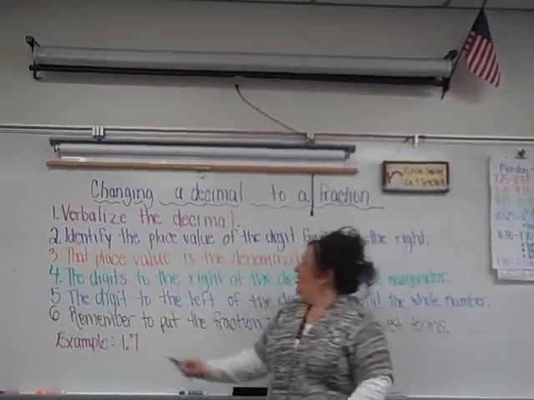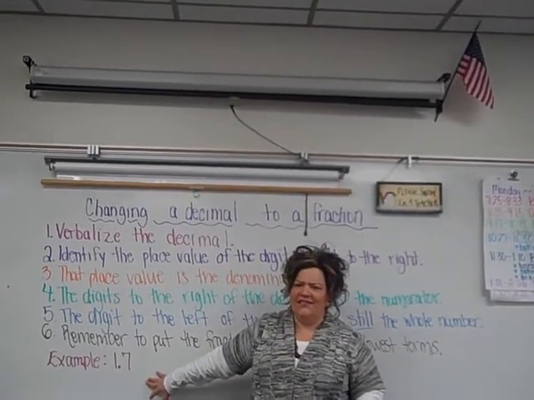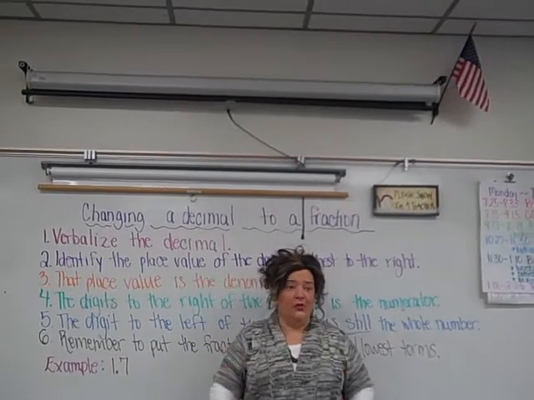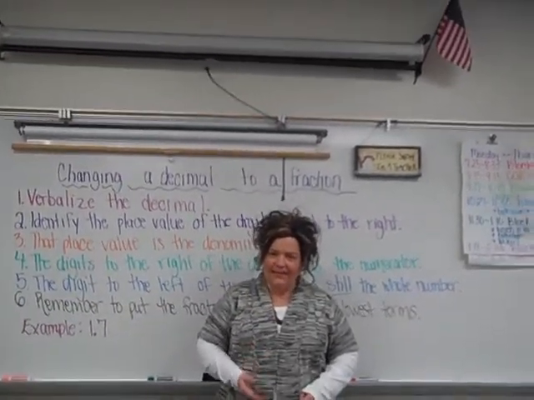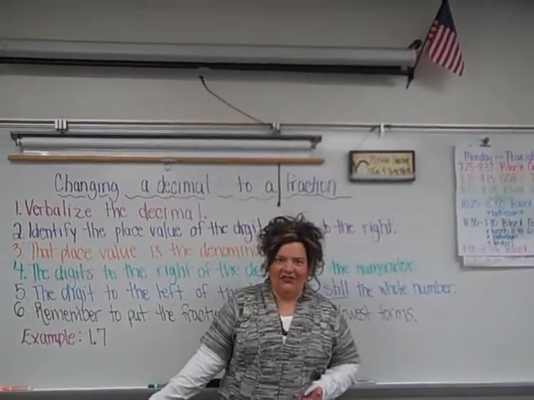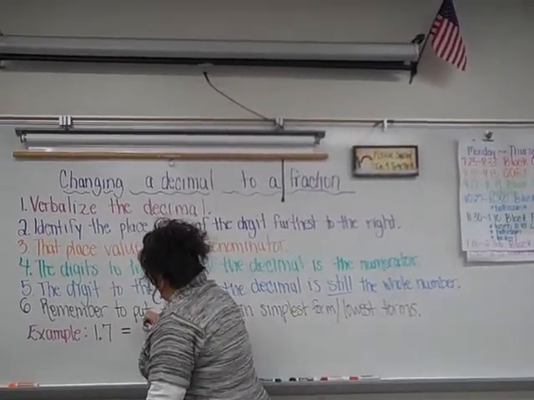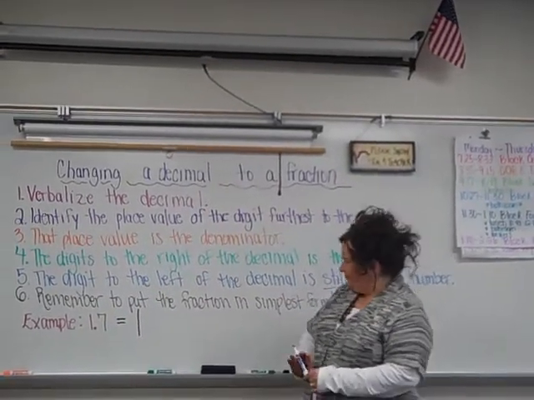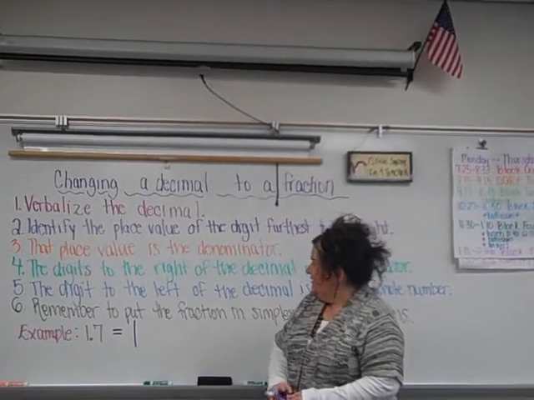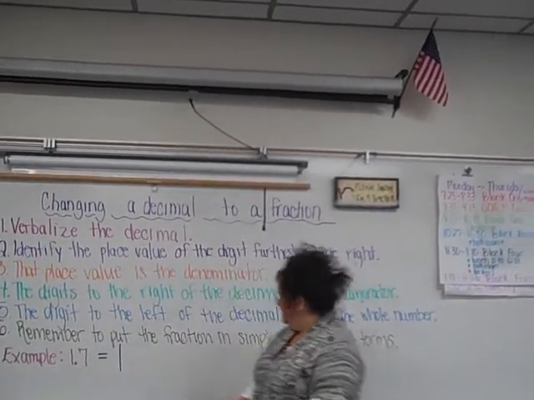We have our example of a decimal, which is 1.7. The way I verbalize the decimal is the same way I write it as a fraction. 1 and 7 tenths. So I have my 1 as my whole number. My numerator is going to be the 7.